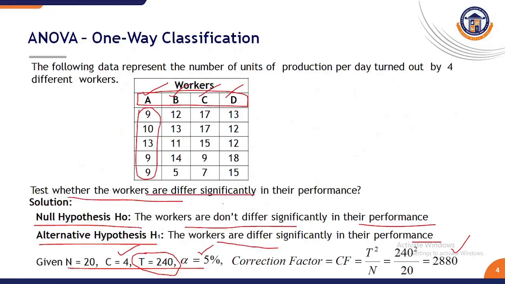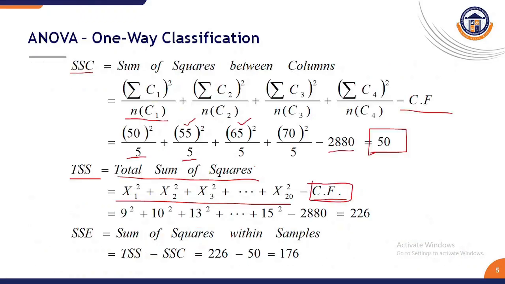So 9 square plus 10 square plus 13 square plus 9 square plus 9 square plus 13 square plus etc. 15 square minus the CF value, which is equivalent to 226.